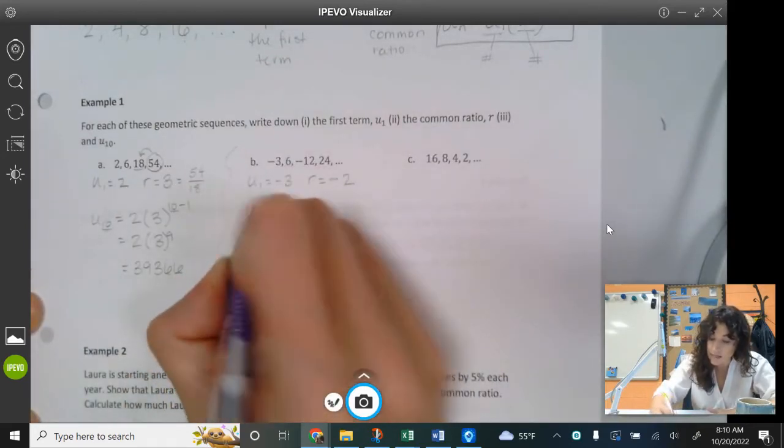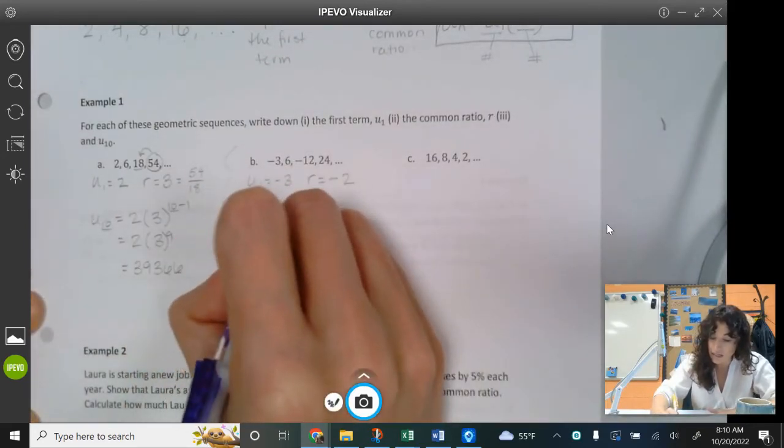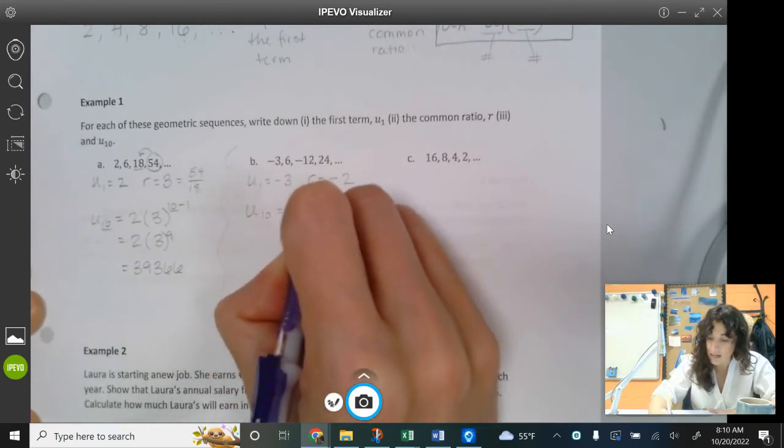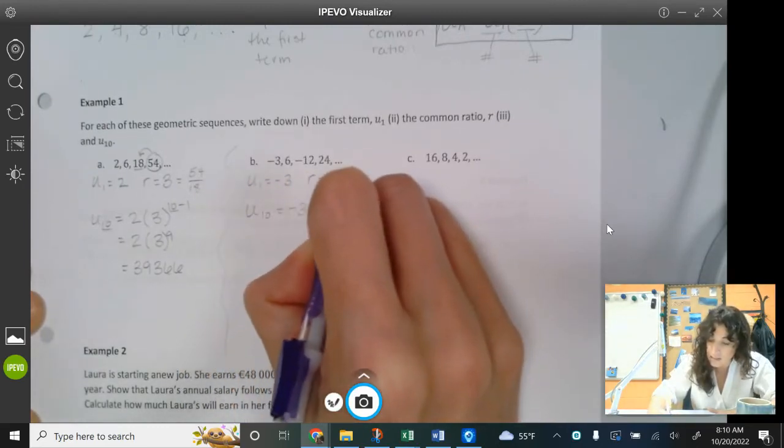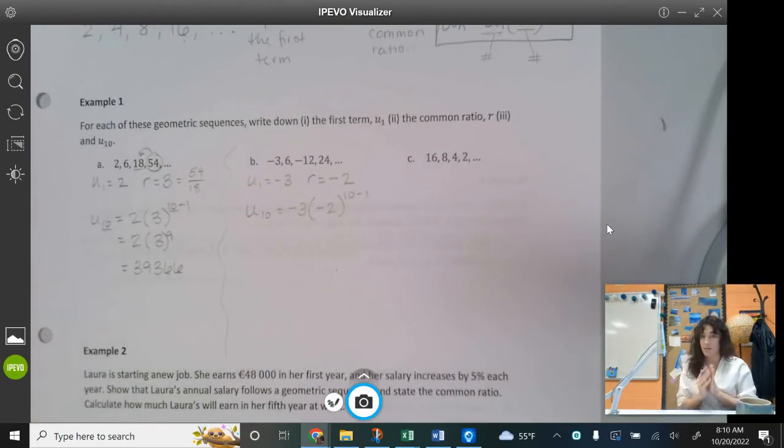So this is why when we do u sub 10 equals u sub 1 times our r to the 10 minus 1, you have to make sure, because of these negative r values, that you put that -2 in parentheses when you raise it to the 9th power, right? That's important.